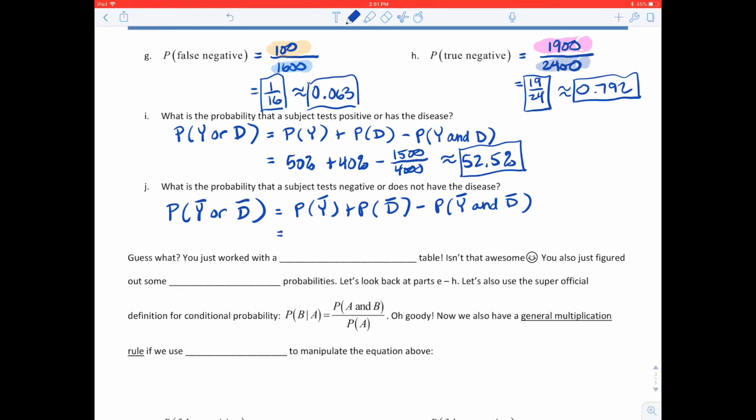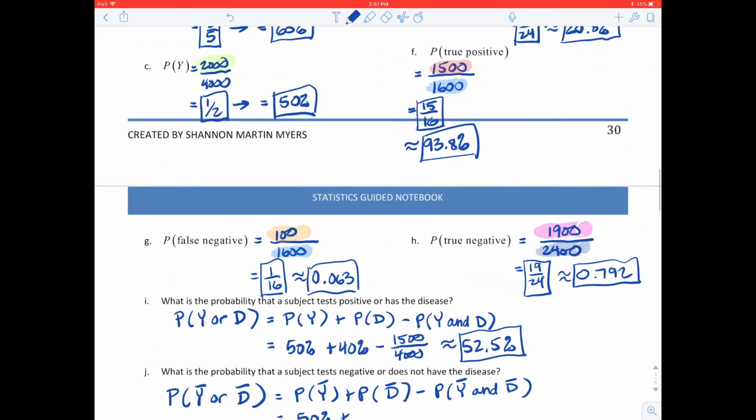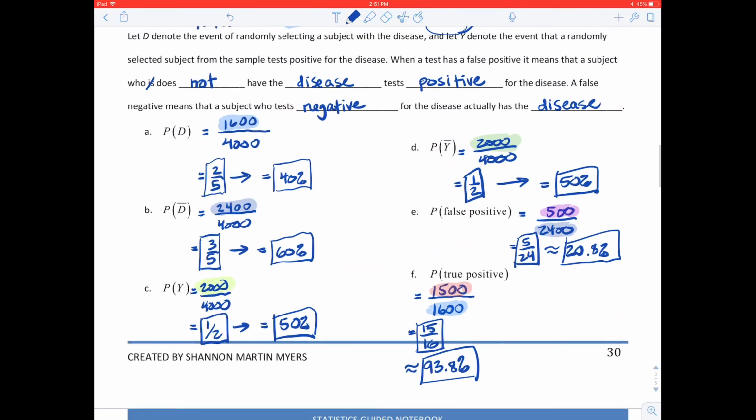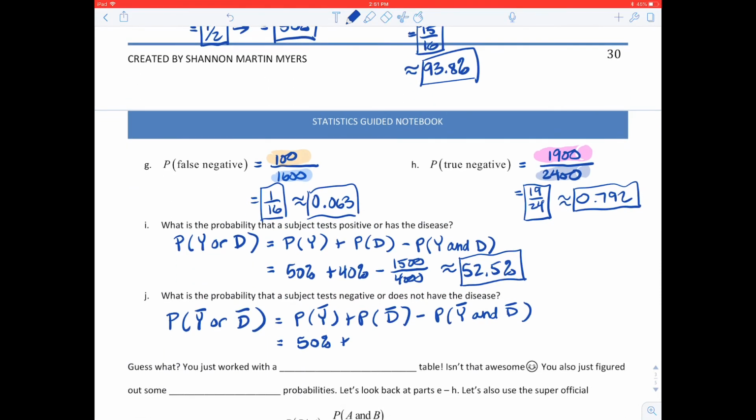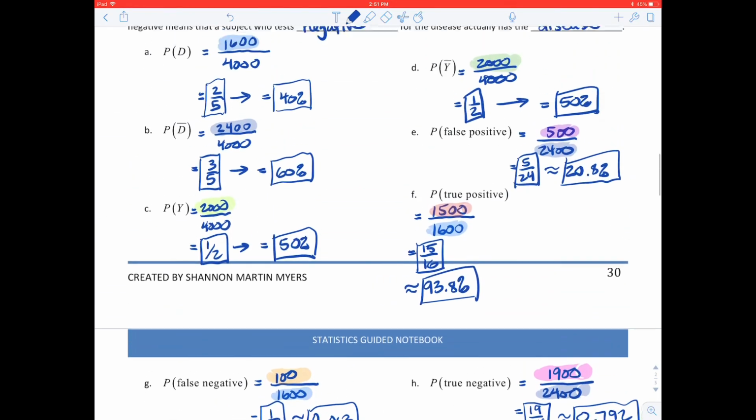So again, we had gotten, I believe, 50% for this one. Probability of not having the disease was Part B, so that was 60%. Minus the probability of that intersection. So again, it's going to be over 4,000 like it was for the last problem.